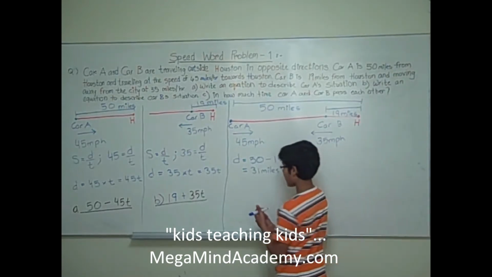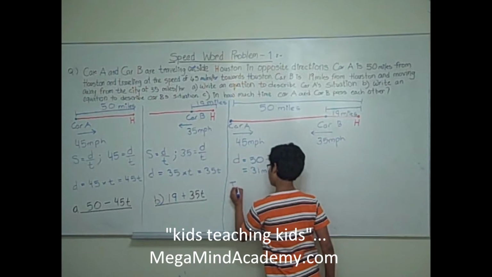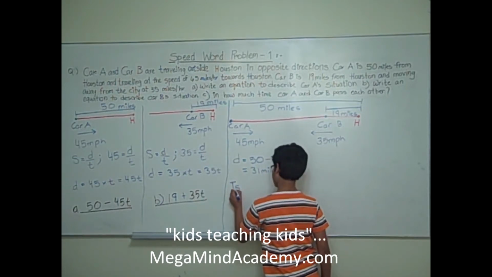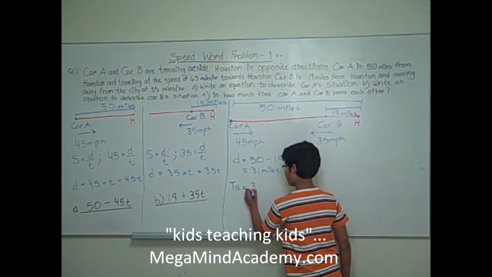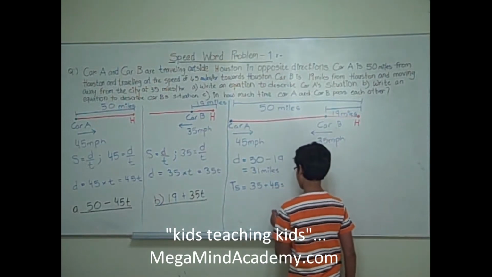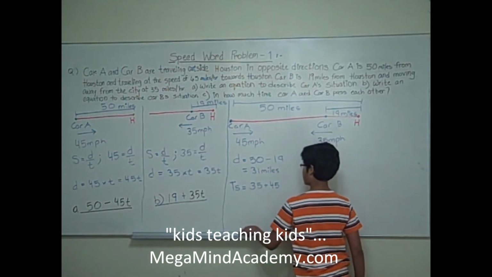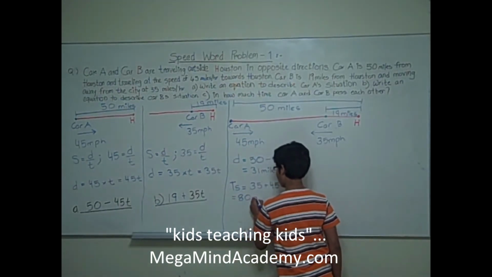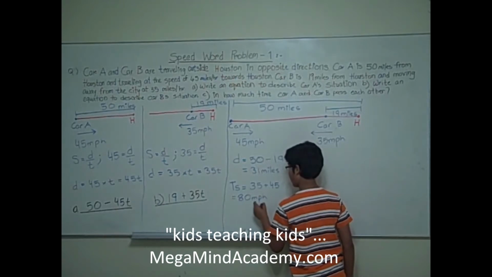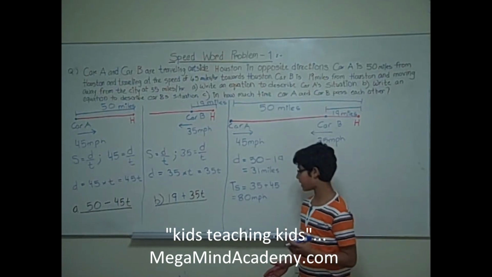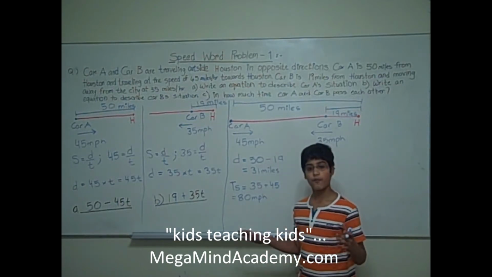The total speed, TS, is equal to 35 plus 45, which is equal to 80 miles per hour, mph. Now, let's find the total speed for 1 minute.